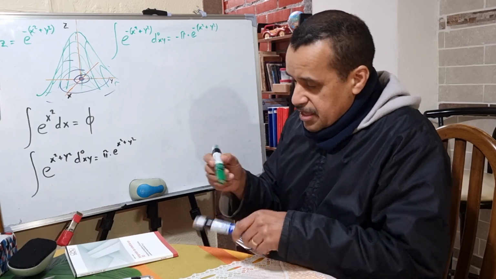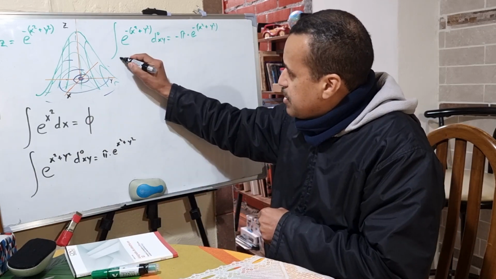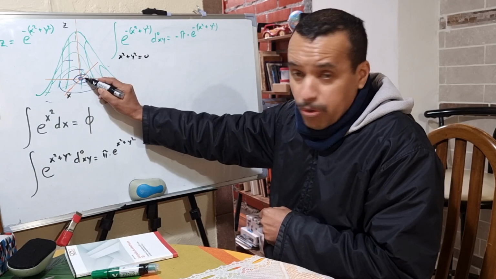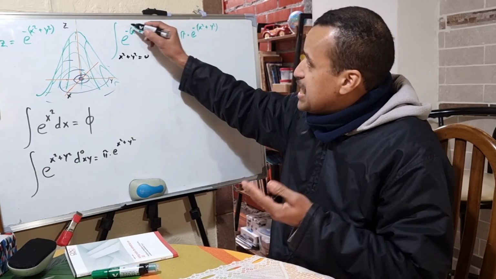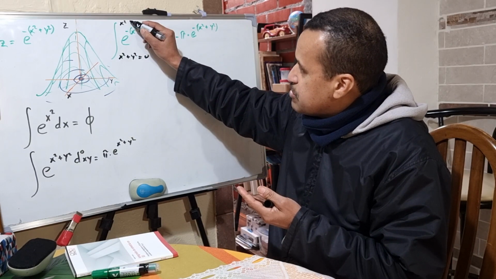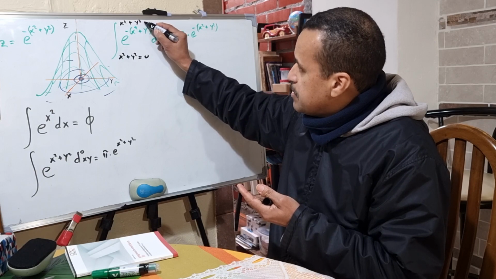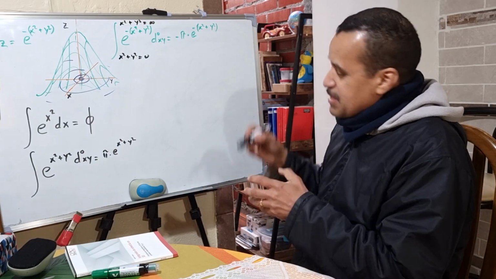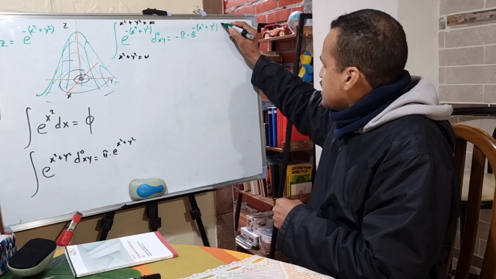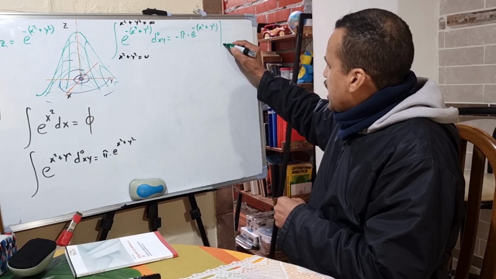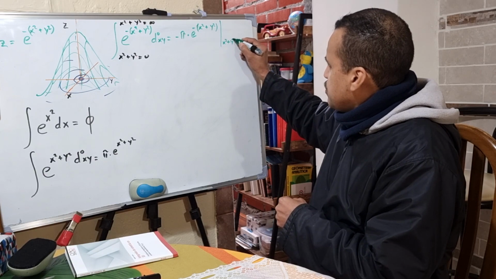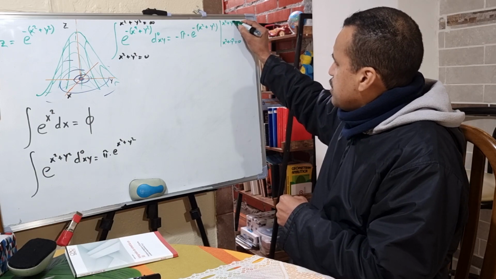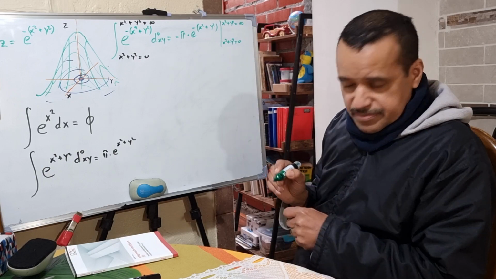That is, from s squared plus y squared equals 0, the smallest circle, to the infinite circle, s squared plus y squared equal infinite.